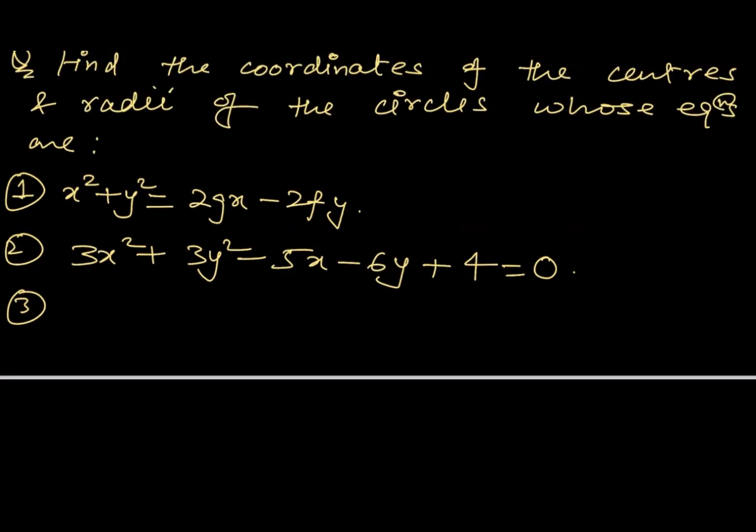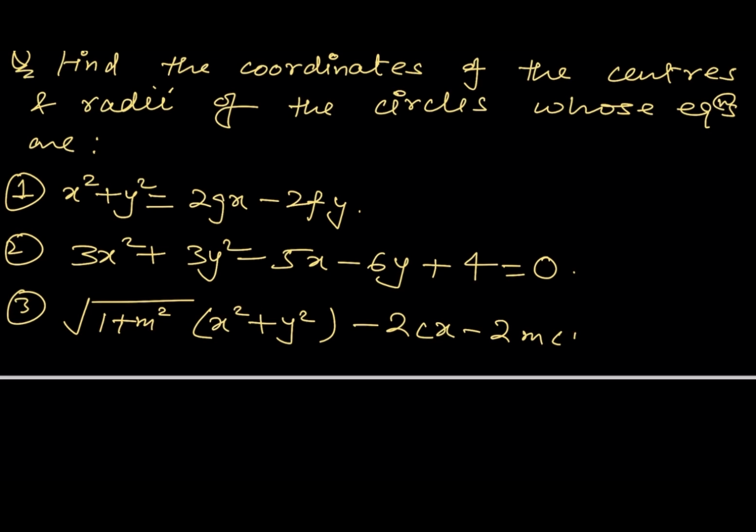Third one is root over 1 plus m square times x square plus y square minus 2cx minus 2mcy is equal to 0. And the last one is x square plus y square is equal to L times x plus L. Okay, so these are four equations and we have to find the center and radius of each circle, right?